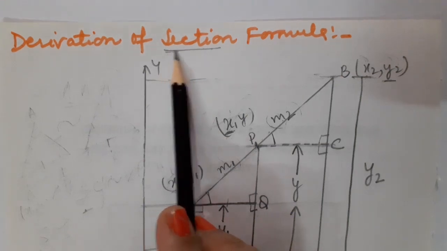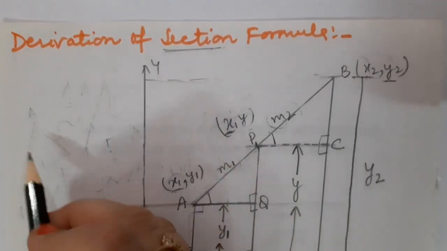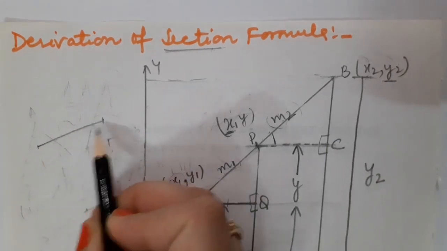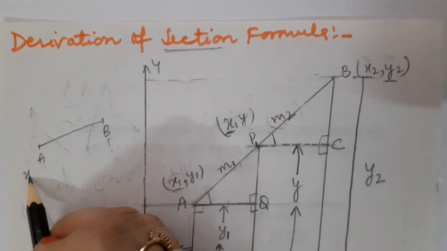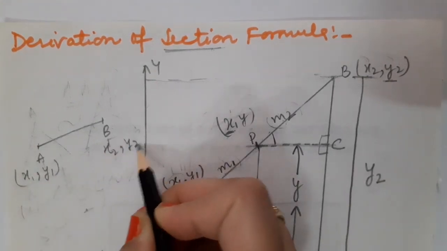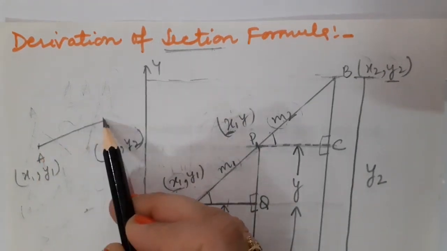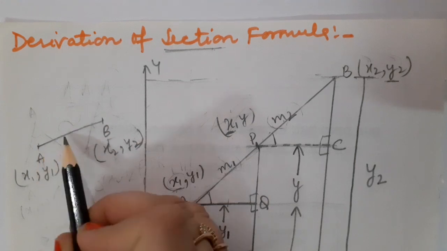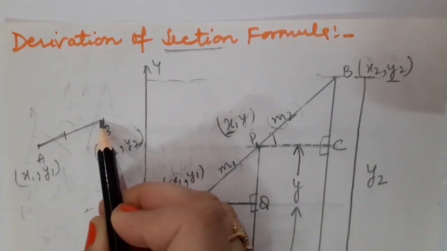So first of all, the question arises, what do you mean by section formula? Basically, what is its use? Children, for example, you will be having a line segment AB whose coordinates you know, they are (x1, y1) and (x2, y2). Then this line segment can be divided by any point in any ratio.